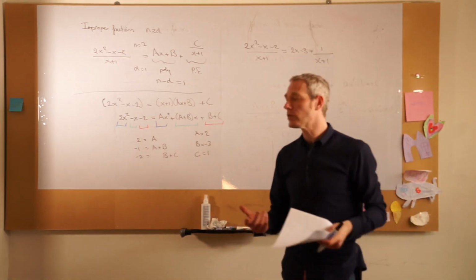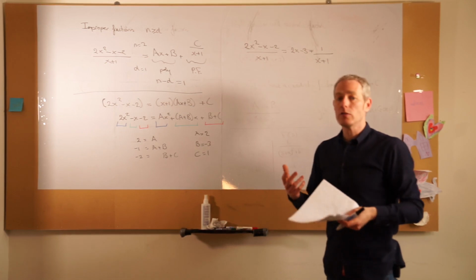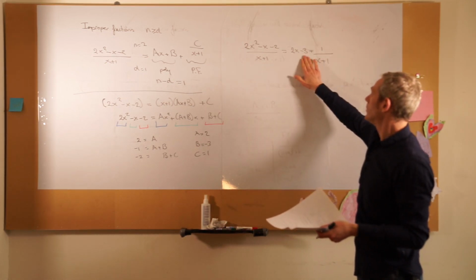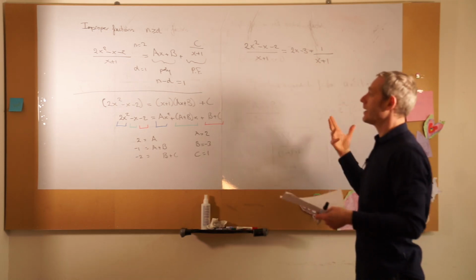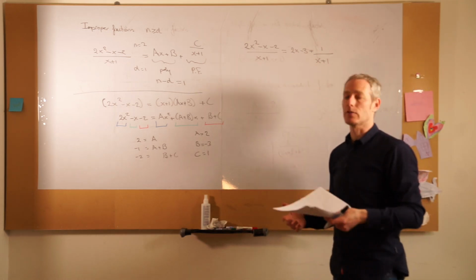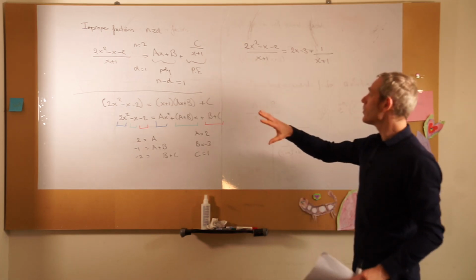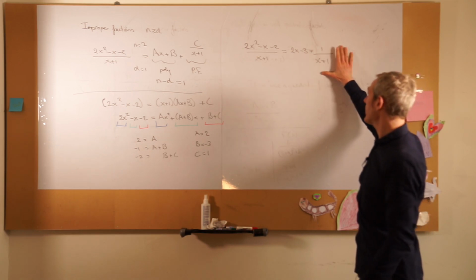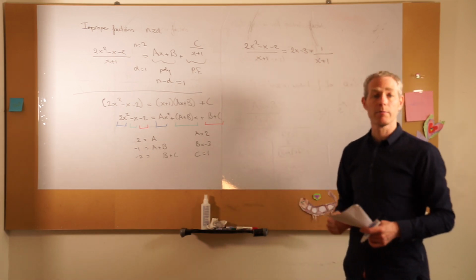And if we now wanted to do the inverse Laplace transform, we know what to do with this, and this, and this, because they are now all in the Laplace transform table. So if we have an improper fraction, we can write it as a polynomial plus a proper fraction, and we know what to do with proper fractions.